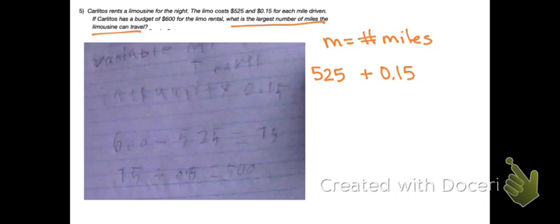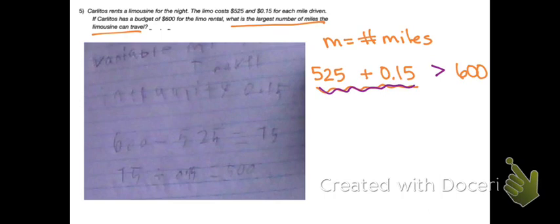Then it says that you have a $600 budget. So the amount that you are charged, when you only have $600 to pay, do you want this amount to be less than or less than or equal to 600?